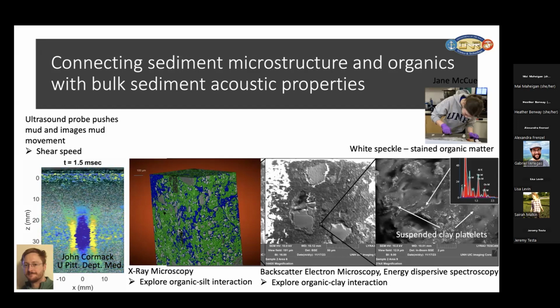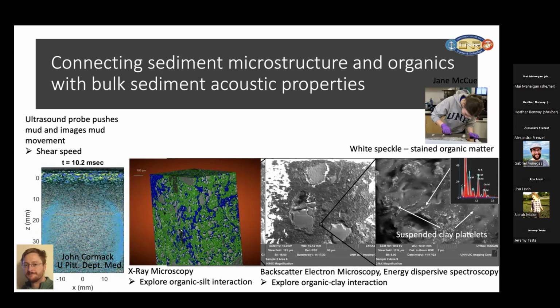So we're studying properties like shear waves. I'm working with a biomedical acoustician at the University of Pittsburgh, John Cormack, and we're taking the ultrasound probe that we use to see babies in the womb and focusing that acoustic energy in a small point, at such a high amplitude that it actually pushes the sediment.